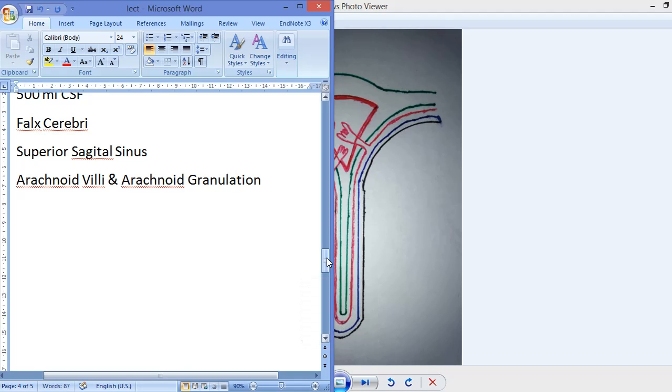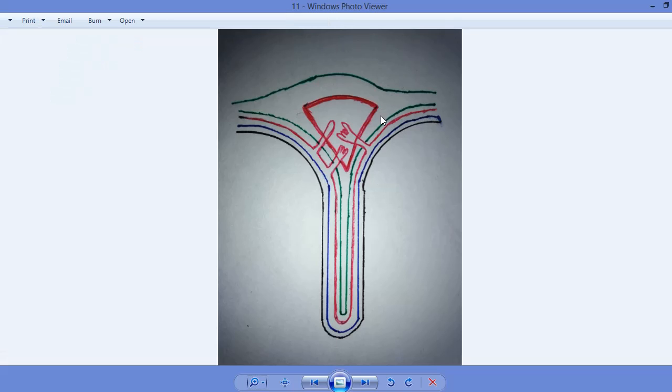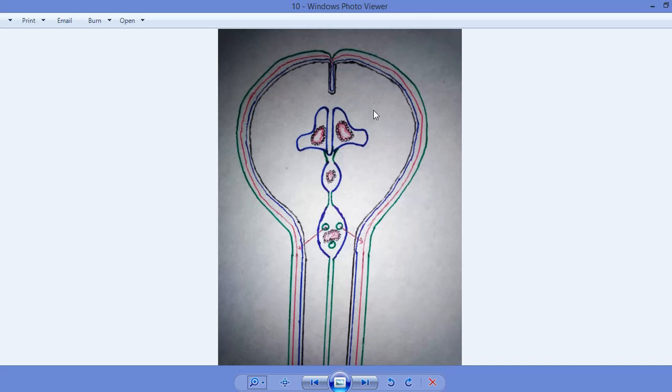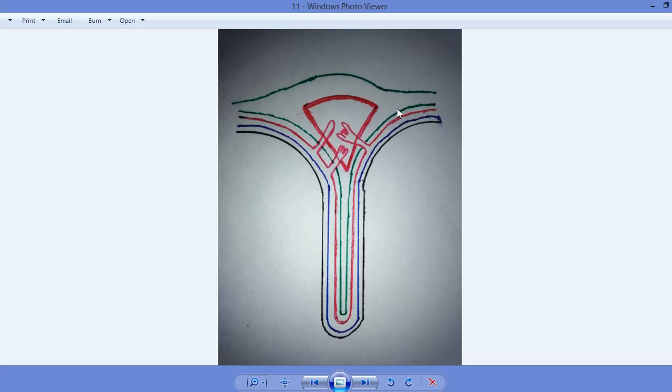Granulation is the group of villi protruded into the dura mater and then into the venous sinus, the superior sagittal sinus. Now this area is the longitudinal fissure area, and it is magnified. In this area we can see the pia mater, the arachnoid mater, and the dura mater, represented by green. The arachnoid mater is extended to the dura mater and then to the superior sagittal sinus, and this protrusion is called villi and granulation.